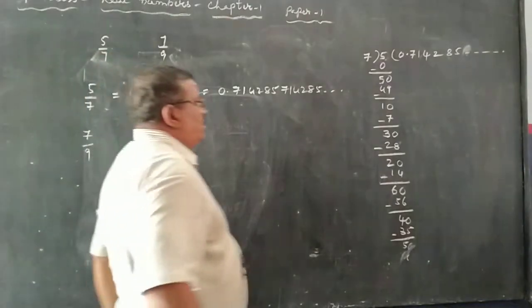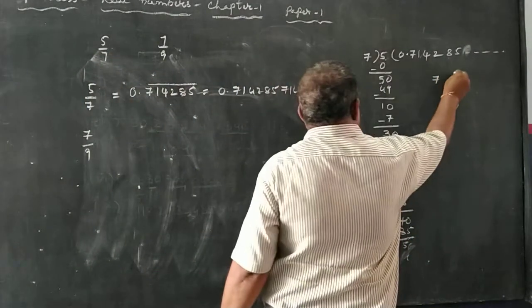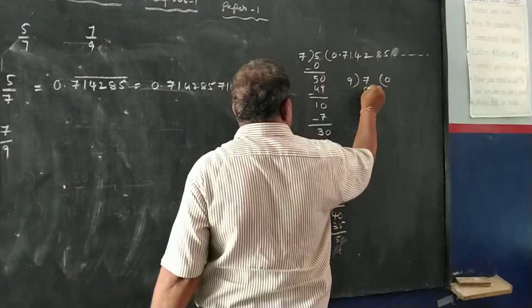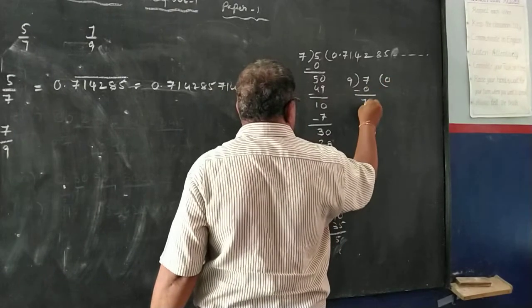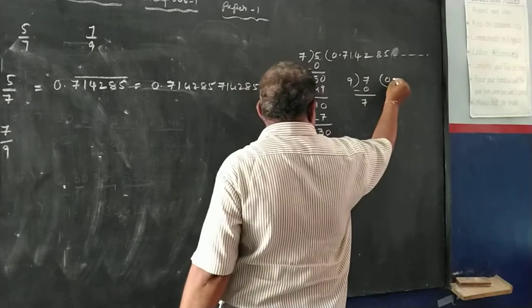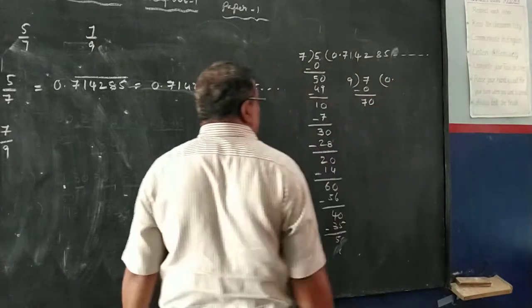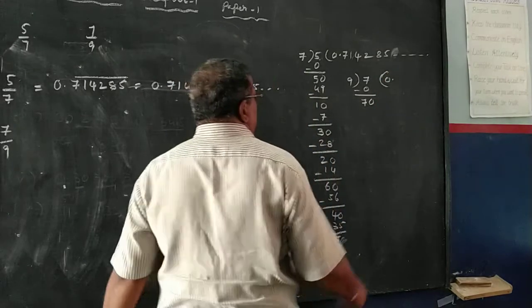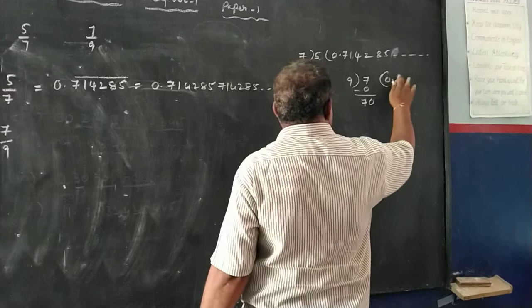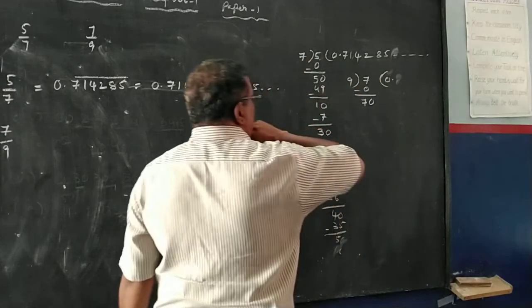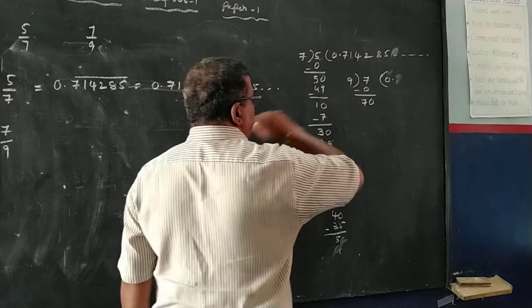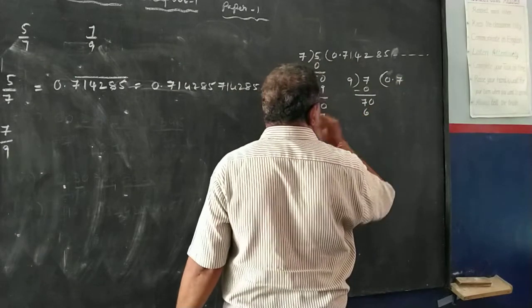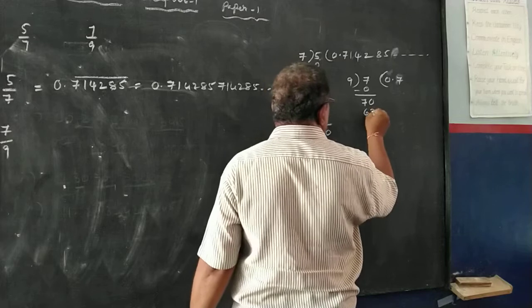Do division, divide 7 by 9. 7 zeros are 0. Do subtraction, 7 is the remainder. So again keep the point, 0 will be obtained. How many times will 9 go? 9 sevens are 63.